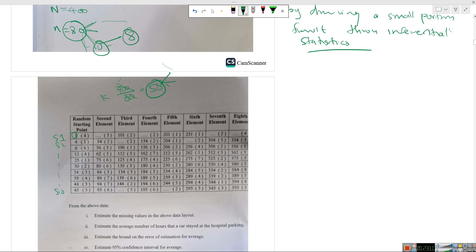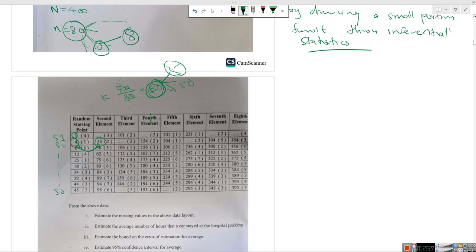So for each sample we will take 5, which means 50. Otherwise you can just see this picture. So the interval k is equal to 50.